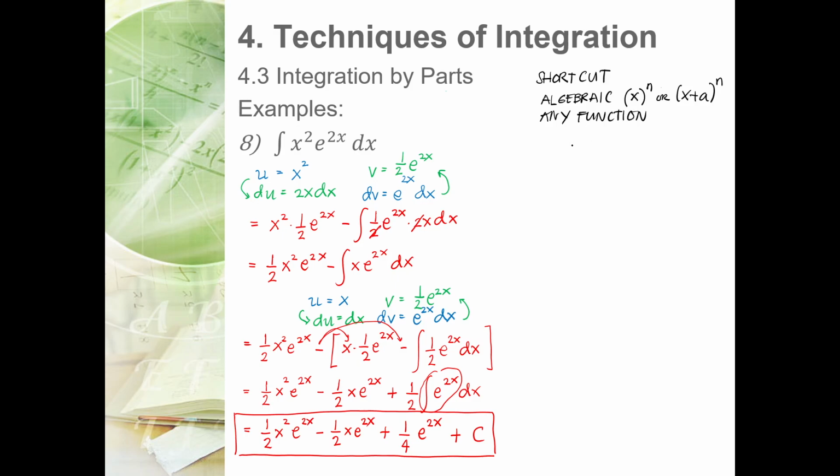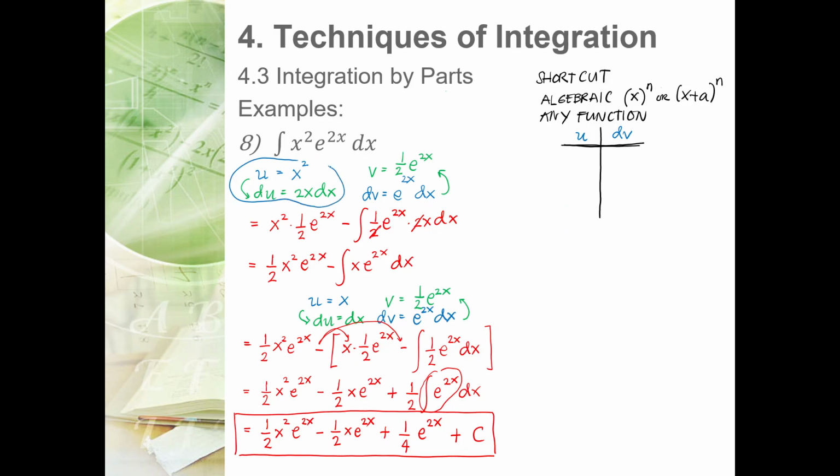Okay, so what we normally do is we create a table in this manner. One is u, and then the other is dv. So on the left side, you have to derive everything as what we have done here.